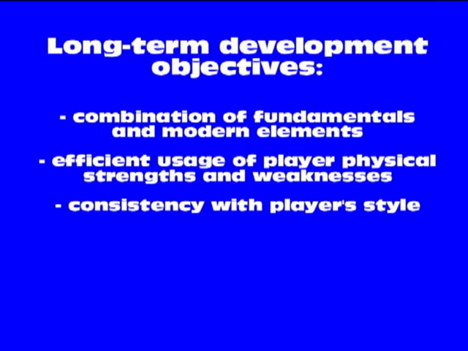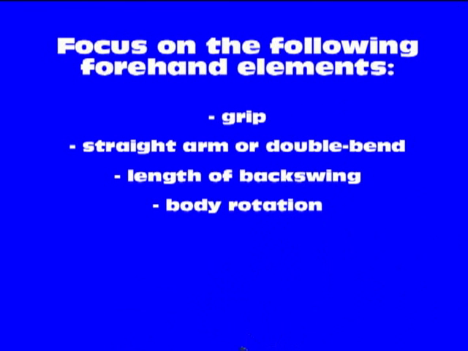It should be consistent with the player's style. So if it's all-around, maybe a more Eastern grip. If it's baseline, maybe more Western. There are a lot of opportunities. Try to experiment with different grips, different types of backswing, straight arm, double bend, and the amount of body rotation. Thank you.